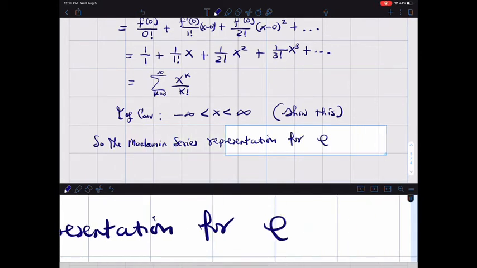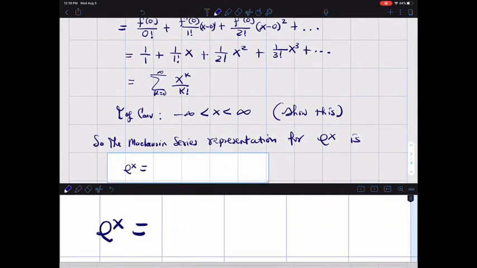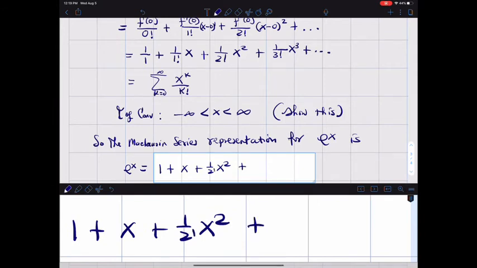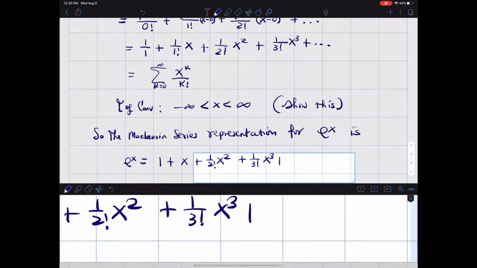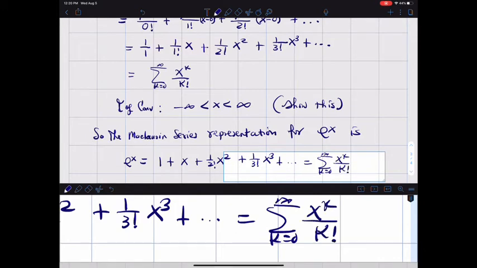for e to the x is e to the x equals 1 plus x plus 1 over 2 x squared plus 1 over 3 factorial x cubed, etc., which is just the summation we wrote before, x to the power of k over k factorial.